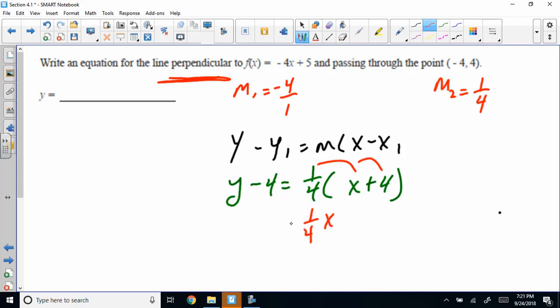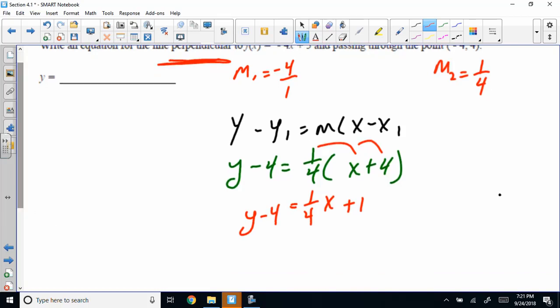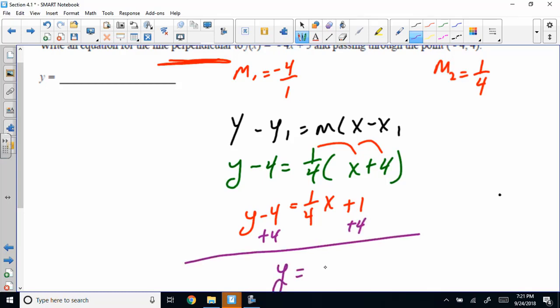You automatically get your slope right there, but that would be +1/4, y minus 4, and then of course, let's just add 4 to both sides. There you go. So y equals 1/4 x plus 5. Any questions on that?